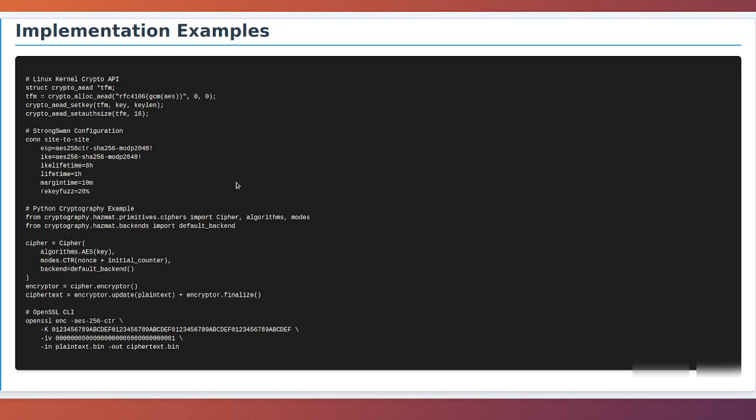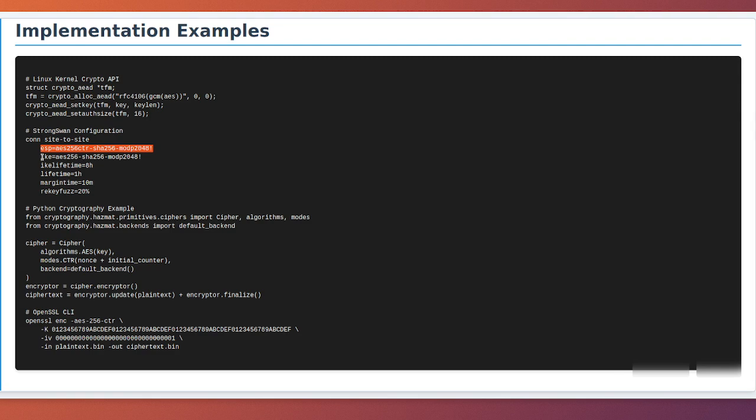StrongSwan, which is one of the most popular open-source IPsec implementations, configures AES-CTR through its connection definitions. In the ipsec.conf file, you might see a configuration like esp=aes128ctr-sha256-modp2048.